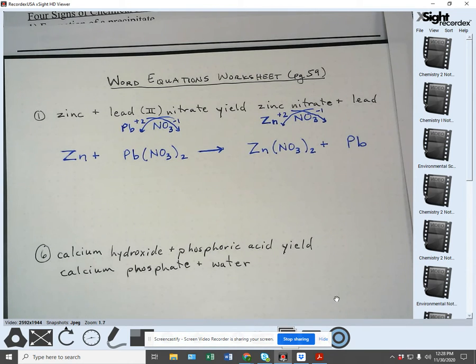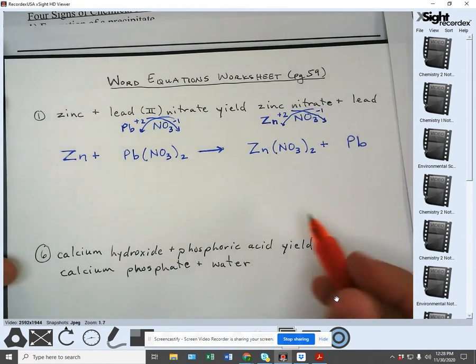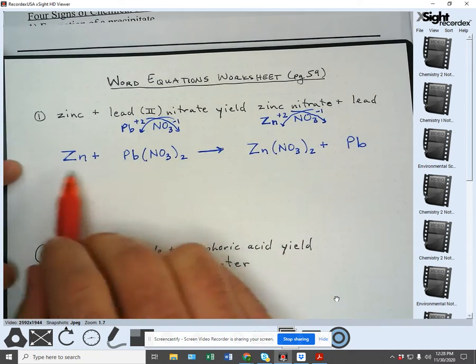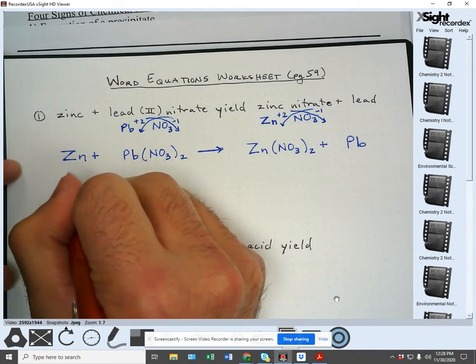All right. Now, I can already look at this and I actually know that it's already balanced. I'll show you guys just so you know.